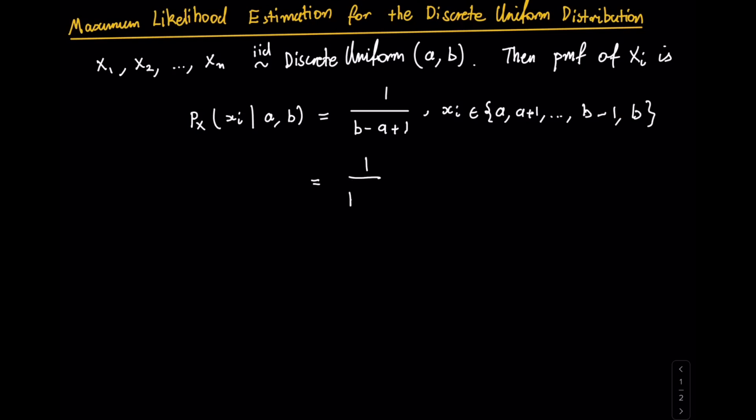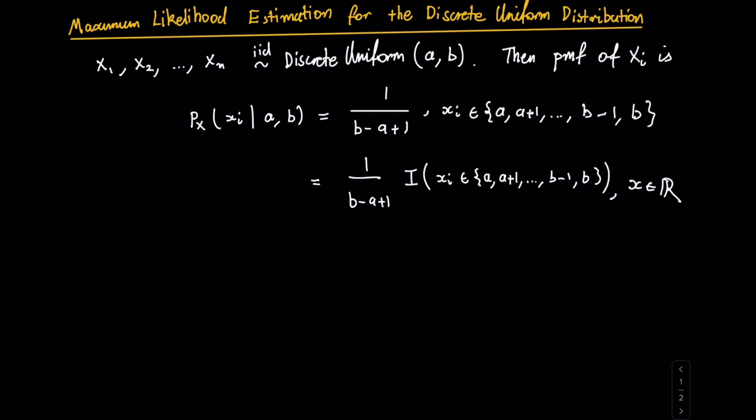Now, alternatively, we can write this in another way: it is equal to 1 over b minus a plus 1 multiplied by an indicator function, where xi is an element of {a, a plus 1, all the way to b minus 1, b}, and x is an element of the real number line.